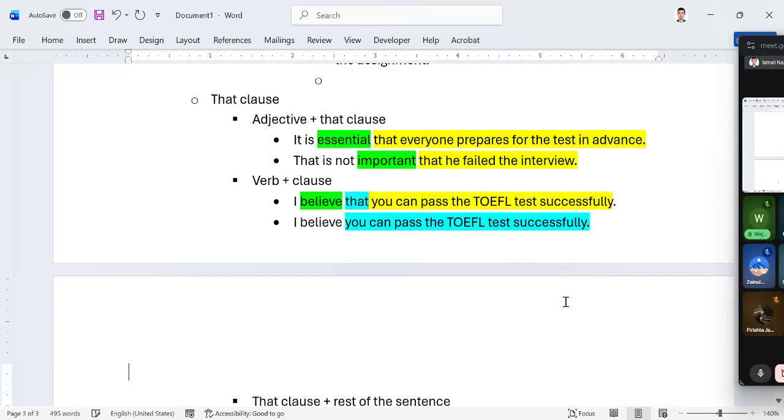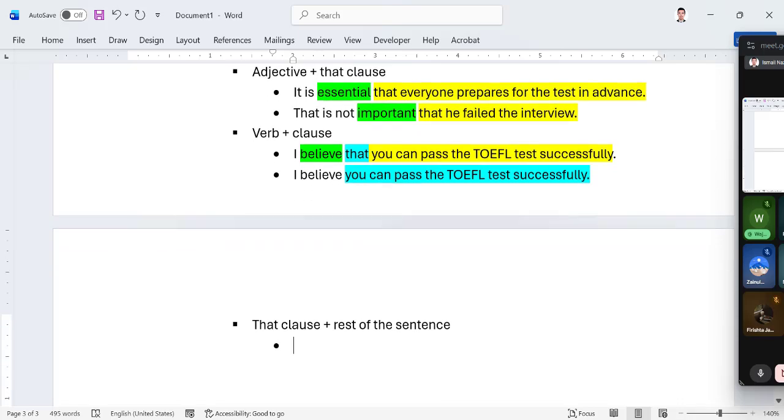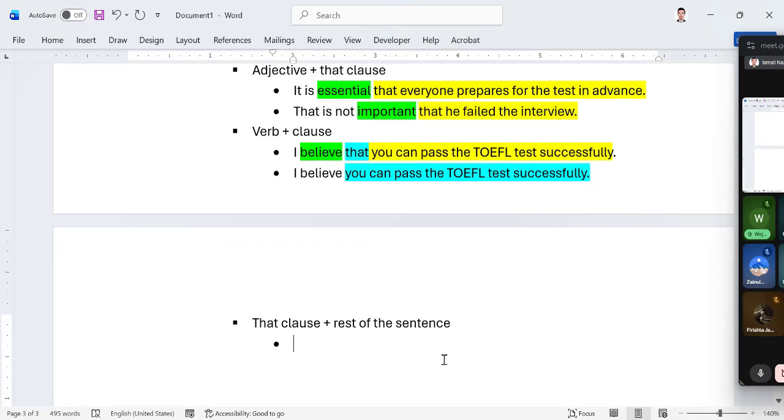So that's the next. If we have it as the subject, that clause can be used as the subject. I may say that she can pass the test makes her family proud.